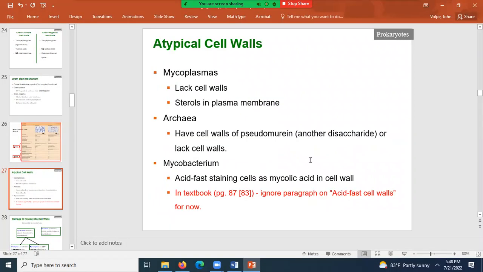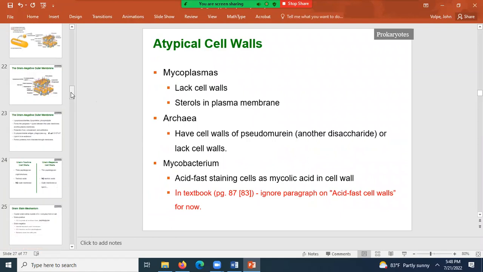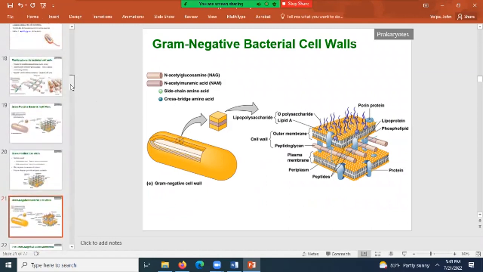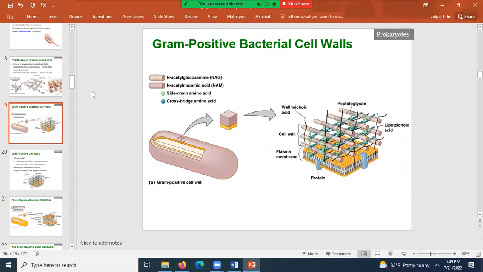All right, if there's no questions, let me mention that there are some cells which have atypical cell walls, meaning cell walls which are not like I just showed you, a gram-negative like this, or a gram-positive like that.